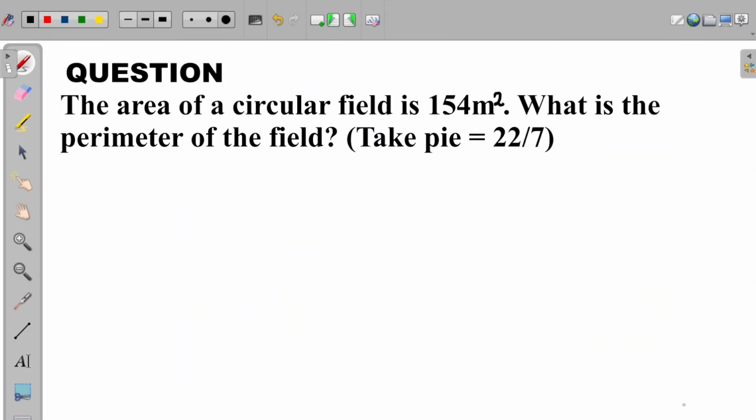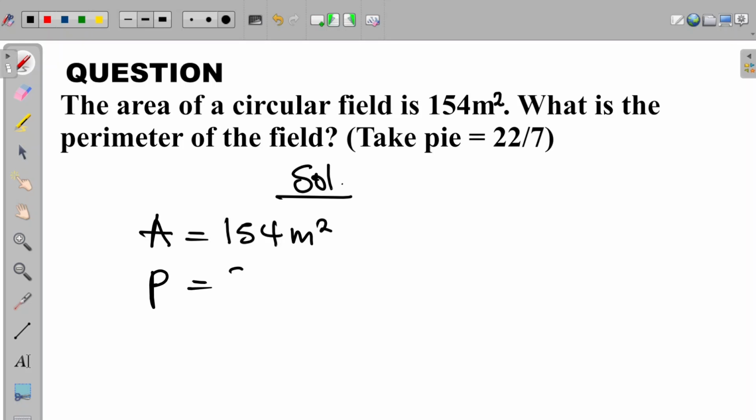The next question says that the area of a circular field is 154 meters squared. What is the perimeter of the field? And we say take pi as 22 divided by 7. Area is equal to 154 meters squared, and we're asked to obtain the perimeter of the field.